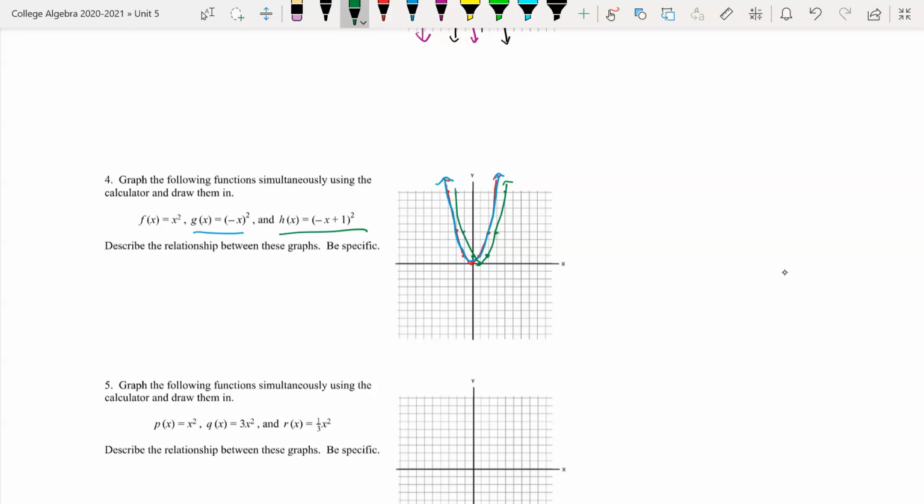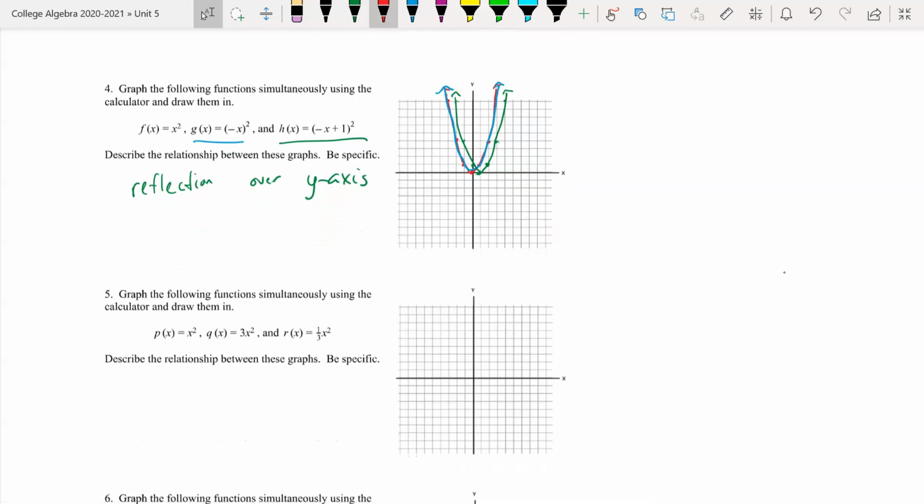You can now type these in on Desmos and graph these. Hopefully what you notice about this one is it's a reflection over the y-axis when the negative's inside parentheses with the x. And lastly, I know there's a 6th one, but I'm only going to do 5 just to show you.